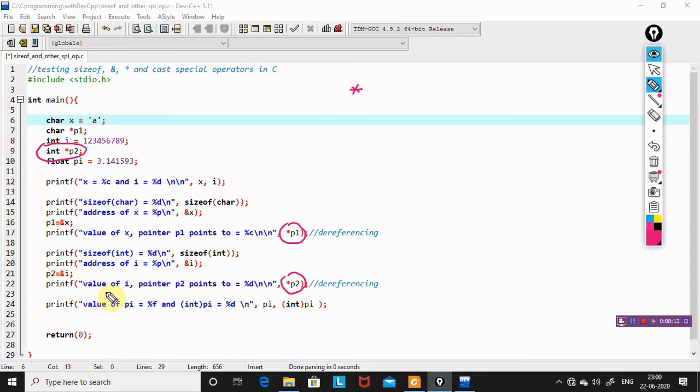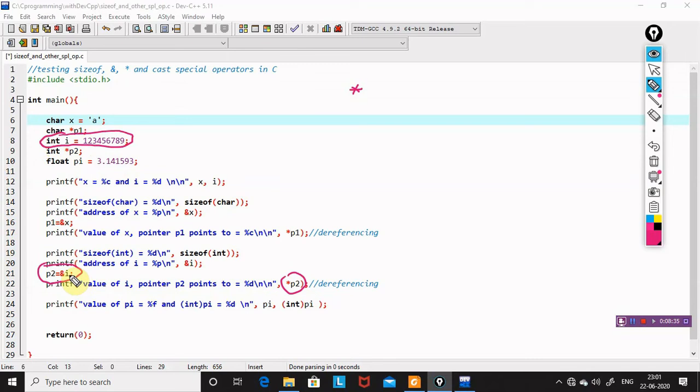Now, when we use this statement, P2 is equal to ampersand I, what happens is, as you can see, I had been initialized with this integer value.